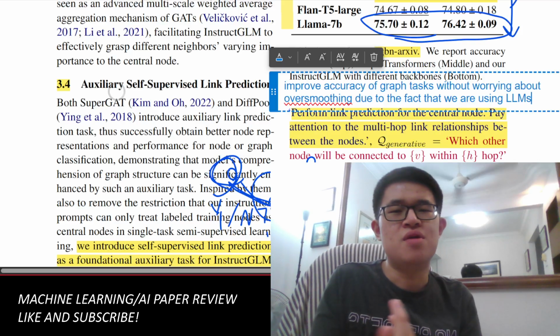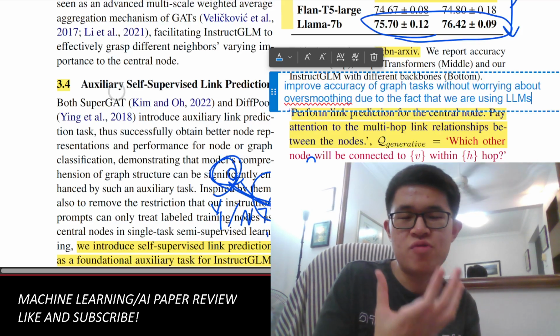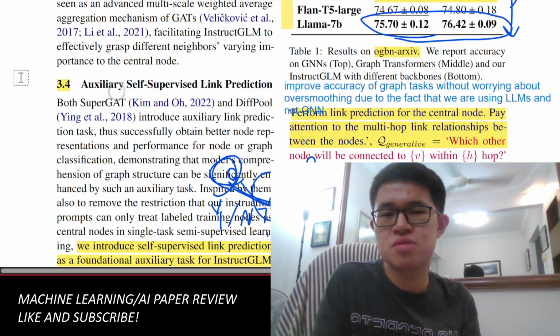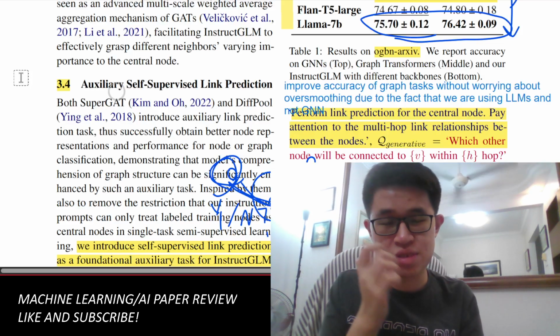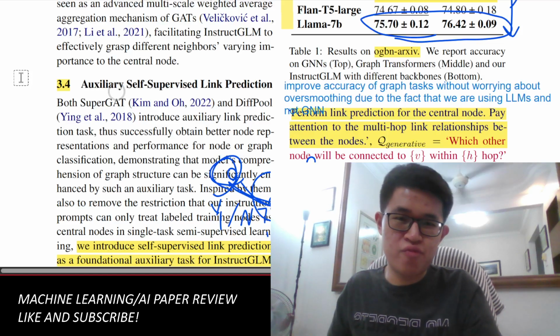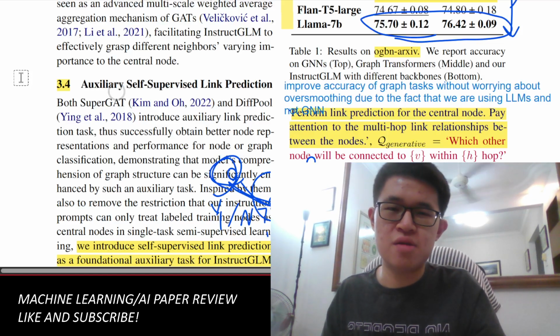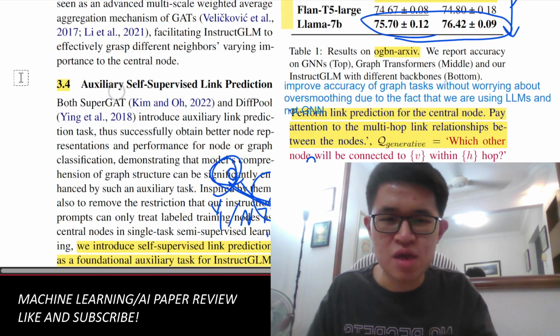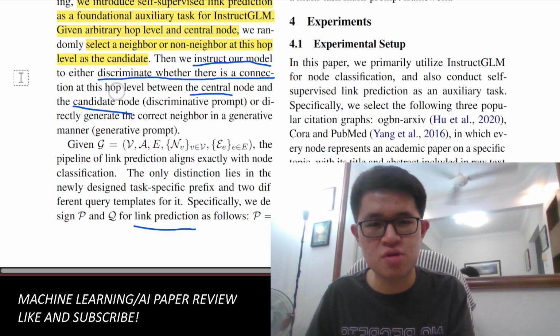Then we don't have to worry about that, unlike with GNNs. I think this is a pretty revolutionary insight, that we don't even have to worry about over smoothing at all, which is pretty good.